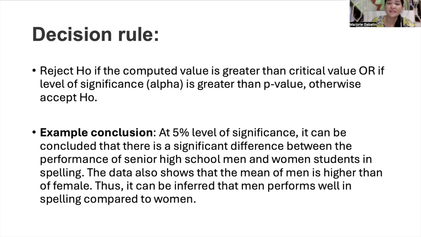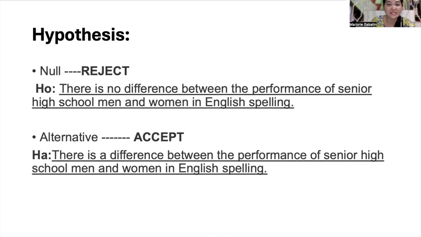In this example, since it's significant, you have to reject the H0. If you use the alternative hypothesis, you simply accept your alternative hypothesis. Depending upon which you use, this is what you base on whether you reject or accept your hypothesis.